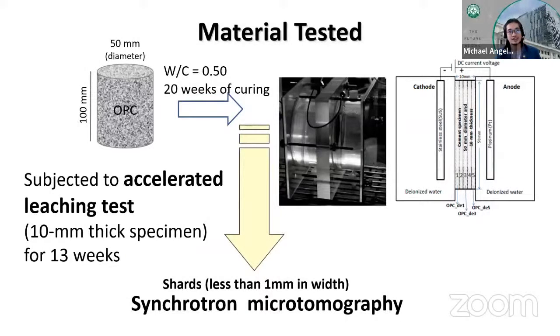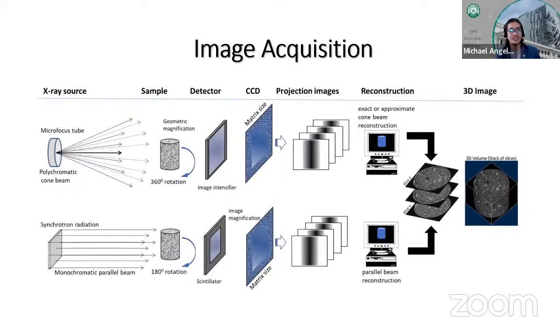And of course, we subjected it to an accelerated leaching test just to see how the changes in the porosity can be imaged in the synchrotron microtomography setup. Again, the field of view is about a millimeter. So our sample here is very small, a shard of less than 1 millimeter, so that we can have a resolution of effectively about 0.5 micron, given the X-ray system we have.